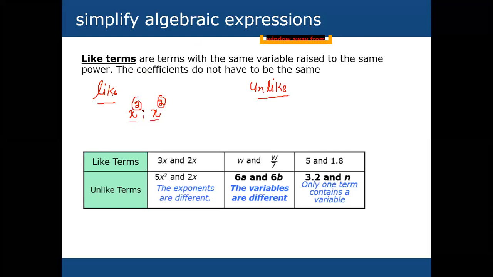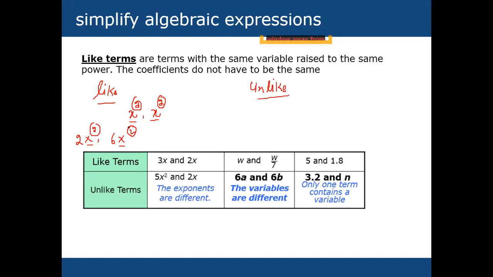The coefficient need not be the same; the coefficient is not important. For example, if we have 2x square and 6x square, variables are the same, powers are the same. So these two terms are called like terms because variables and powers must be the same. One coefficient is 2, the second is 6, but the coefficient is not important.